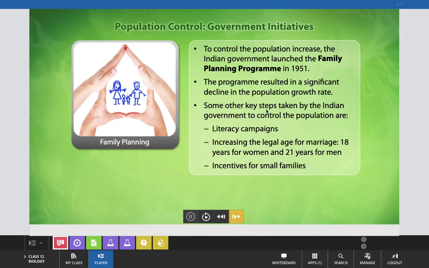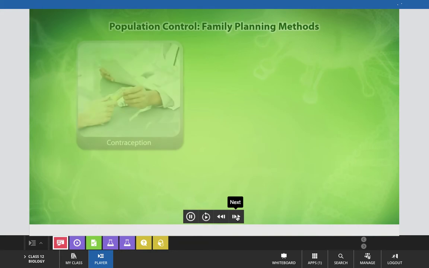Some other key measures taken by the Indian government are literacy campaigns, increasing the legal age for marriage, 18 years for women and 21 years for men, and incentives for small families. These are the different ways that our government is applying to control the population size in our country so that we can solve our problems.